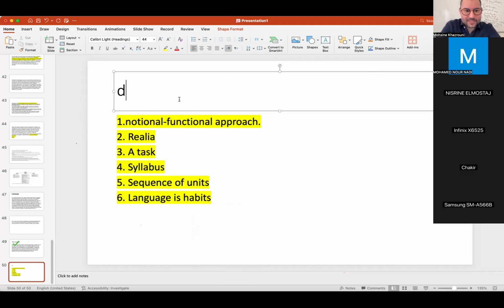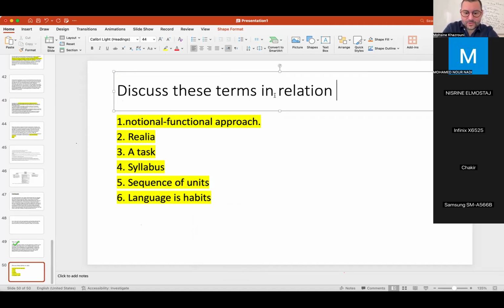So we can say, discuss these terms in relation to the lecture we've had, or the lecture of today.